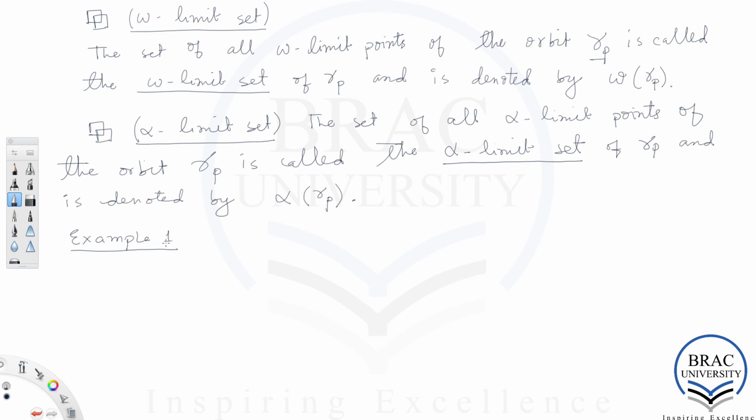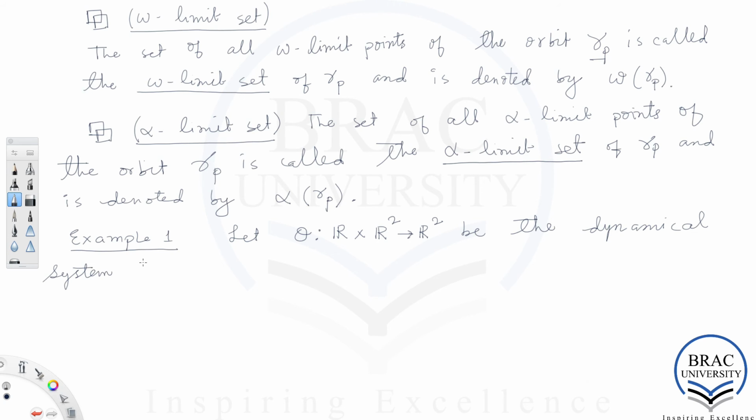In detail, let theta, the flow map from R cross R2 to R2, be the dynamical system given in equation number 2.